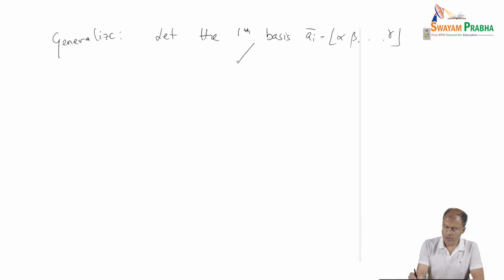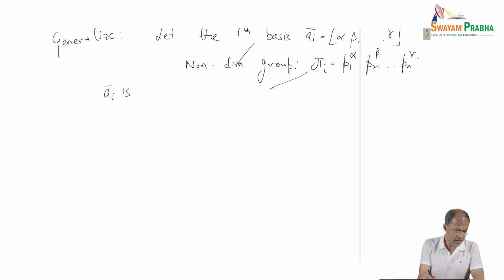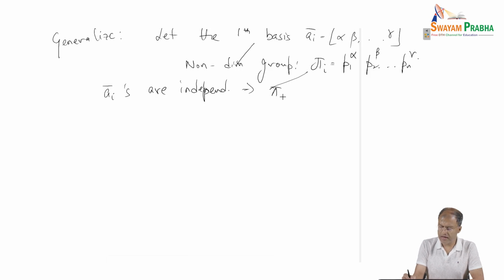This corresponds to the non-dimensional group pi i equal to P1 to the alpha, P2 to the beta, and so on, Pn to the gamma. The A i's are independent, so the null space vectors are independent. Since these A i's are independent, we expect independent dimensionless groups pi 1, pi 2, and so on, pi k.